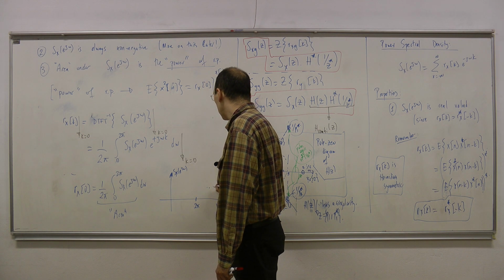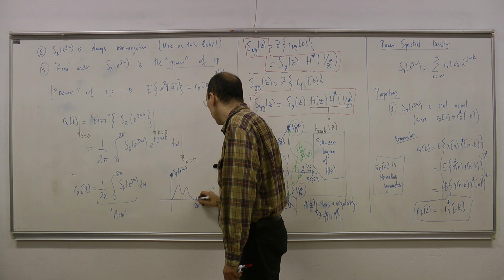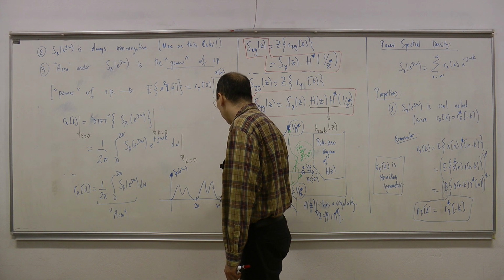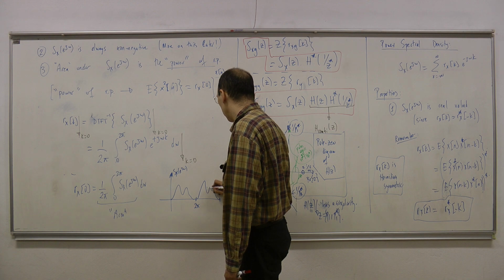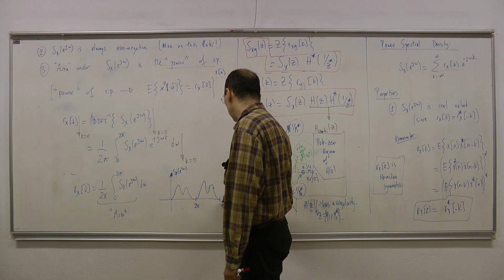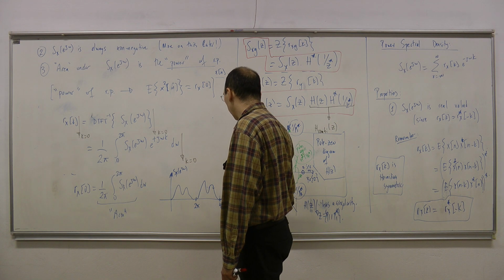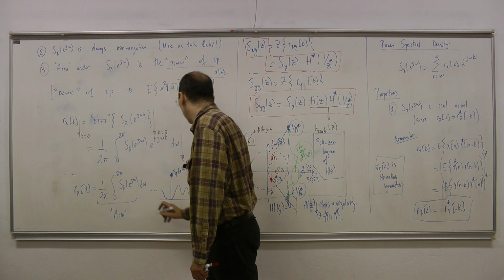So let me sketch this. Okay, let me sketch something like this. Then it repeats. This is a little smaller than that. Then it repeats. It also repeats over here. Okay.